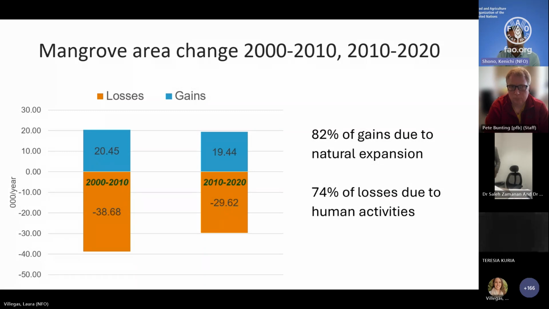And when you look at these gains, 80% of that came from natural expansion, and the remaining 18% from human-assisted regeneration. And on the other hand, when you look at the losses, 74% were due to human activities. So this implies that if we can just further cut down on the human-induced losses, then mangroves might do just fine in spite of all the climate change threats and the impacts. Next, please.